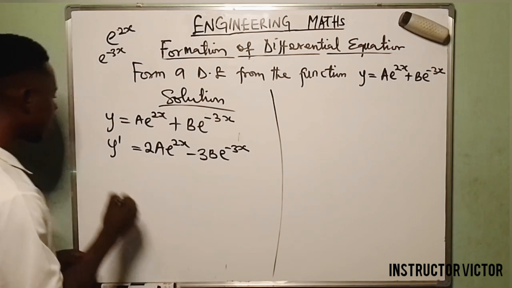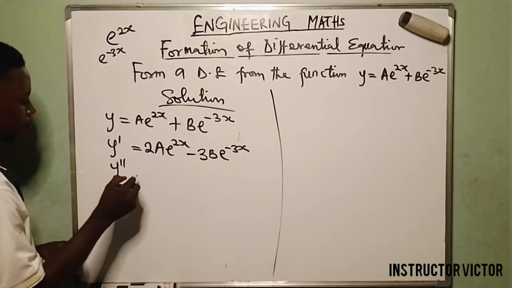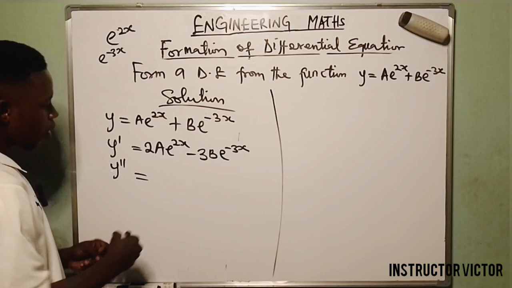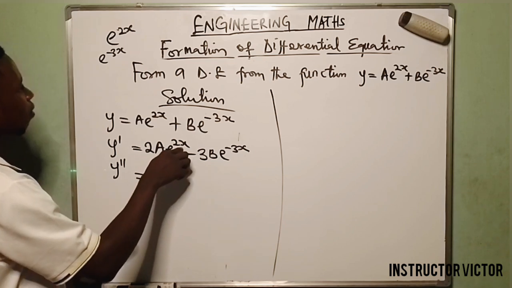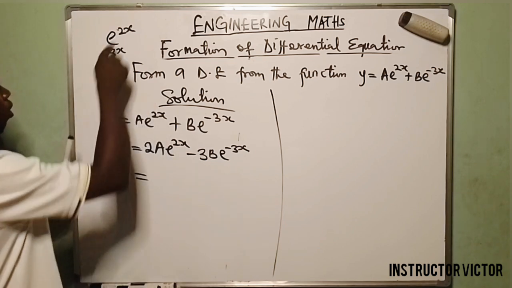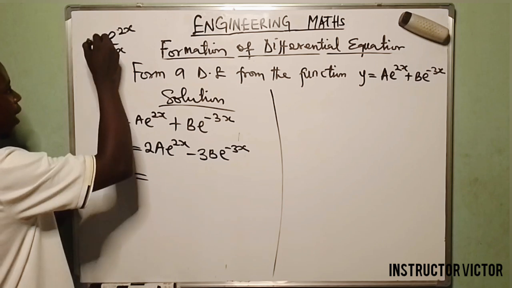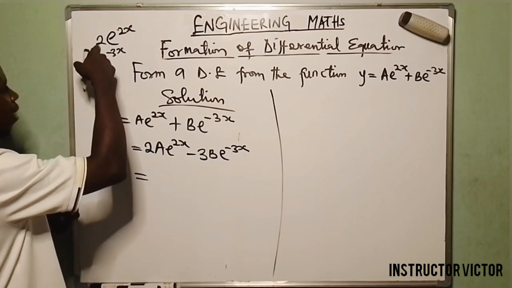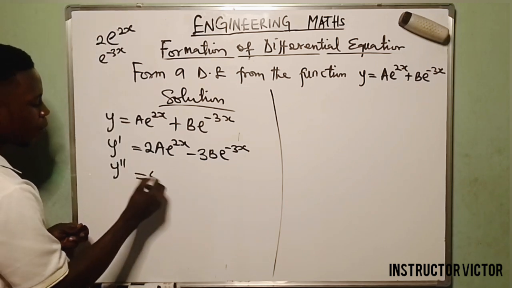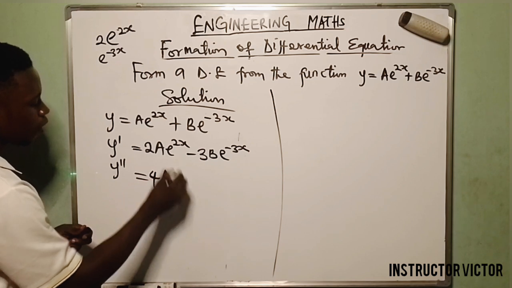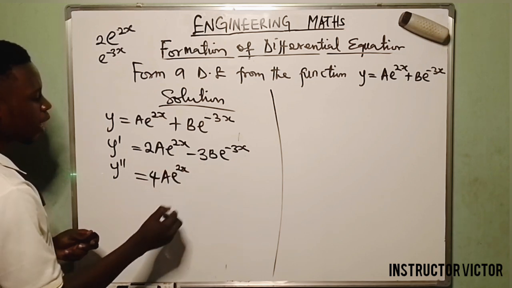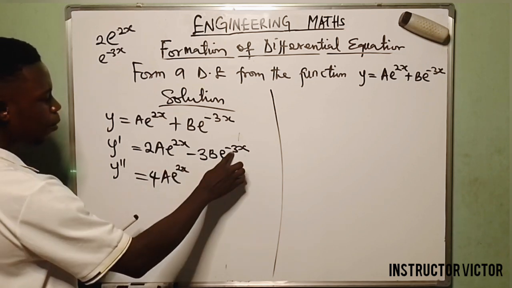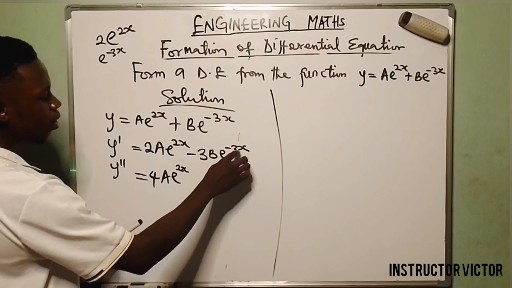Now you go again, differentiate the second one. Exponential 2x will give us 2 again. Are you getting it? Now that 2 multiplied by the 2 that we have here, we have 4a exponential 2x. The same thing happens here with minus 3x.